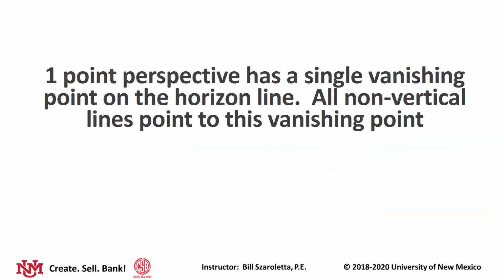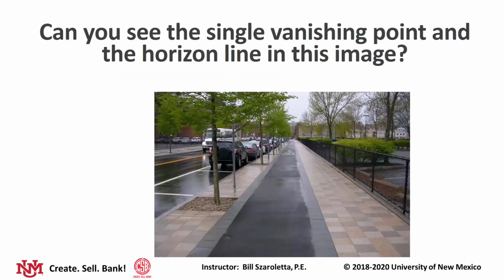Now, 1-point perspective has a single vanishing point. If you've driven on a highway, you have seen this before, and all non-vertical lines point to the vanishing point. So can you see the single vanishing point and the horizon line in this image?